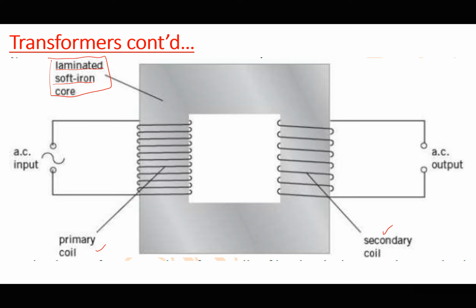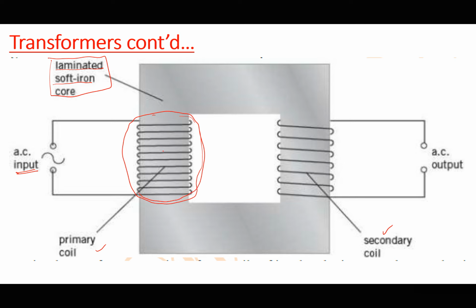As we shall see how this transformer works, if we have an alternating current as an input, it means the current is going to be changing direction in this coil of wire. And as you have seen by Faraday's law, there's a magnetic field around this coil of wire.